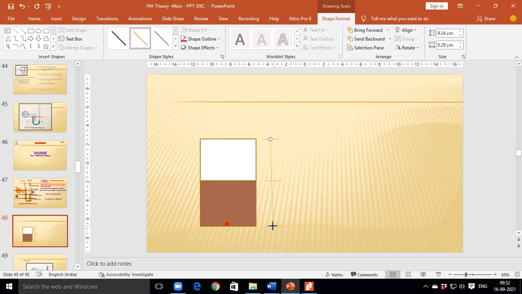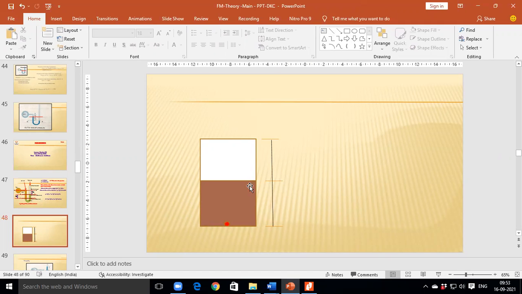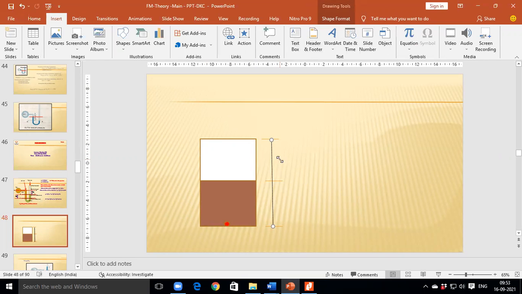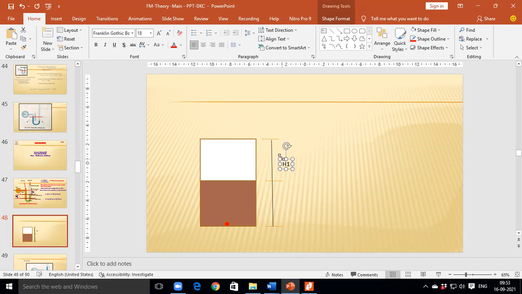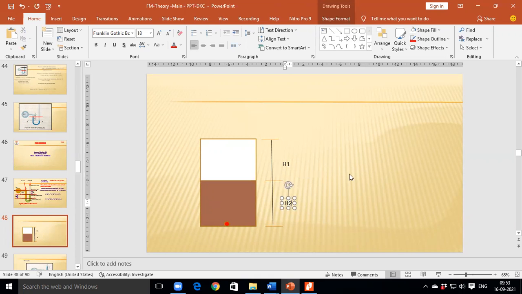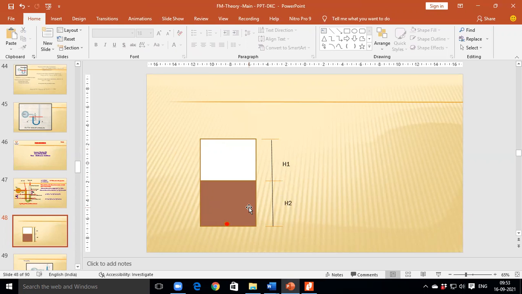This height we can call h1, and this other height is h2.